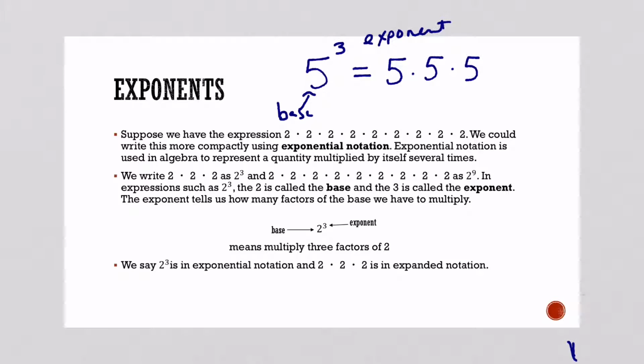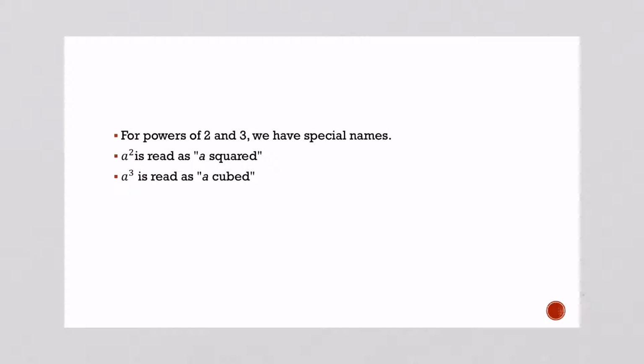So 5 times 5 times 5, which, guys, is not 15. It is 125. 5 times 5 is 25. 25 times 5 is 125. So be real careful about that. That is a common mistake that people make, is they want to multiply the base times the exponent, and that is not so.